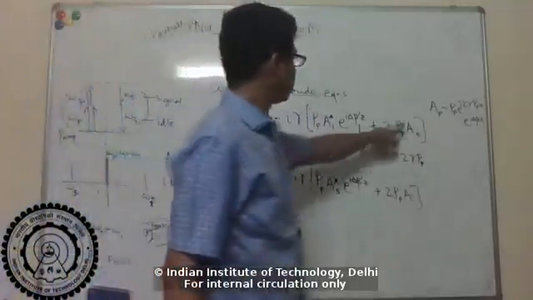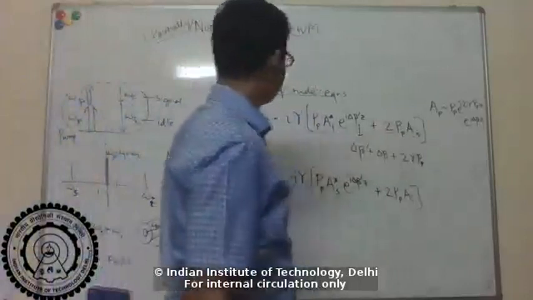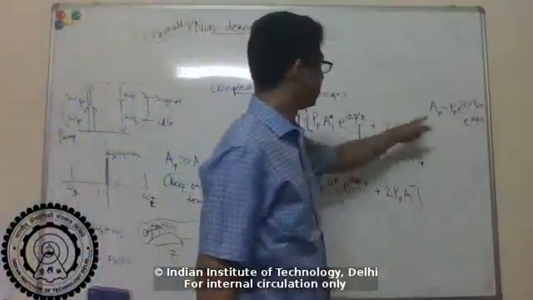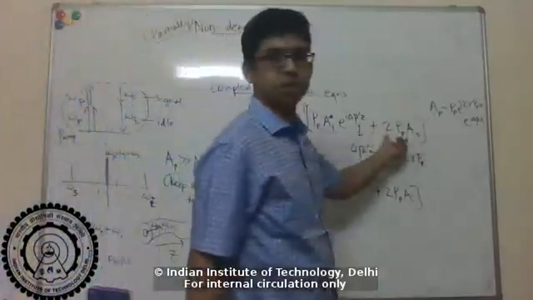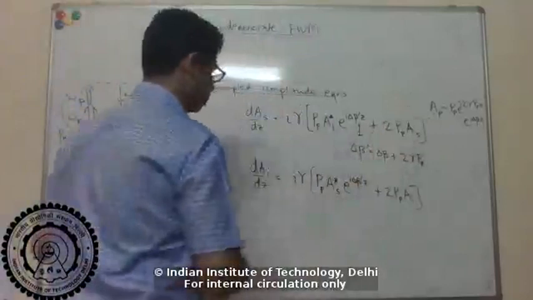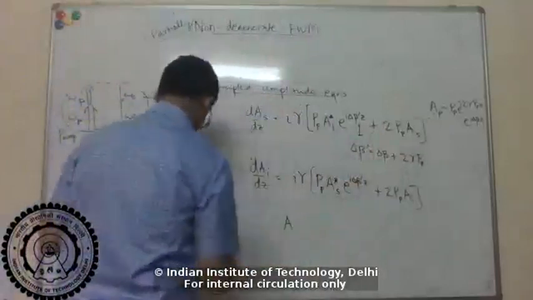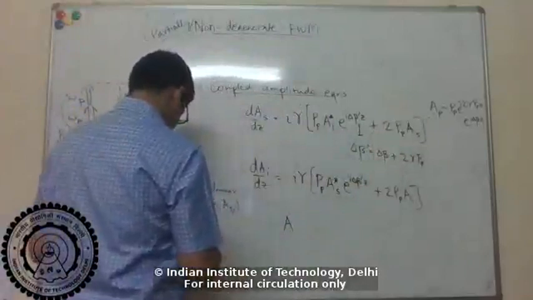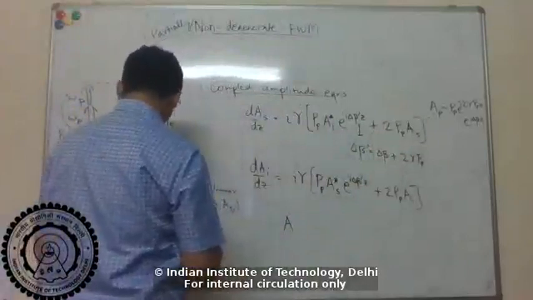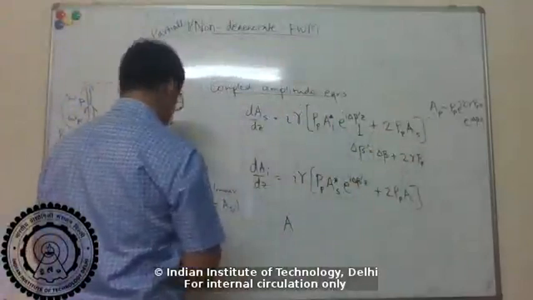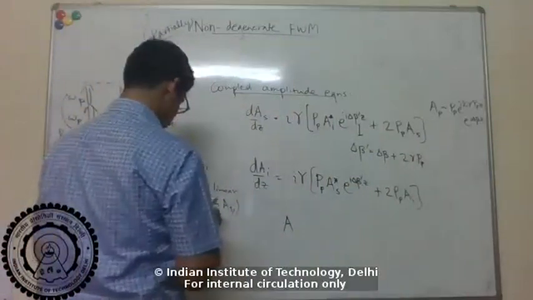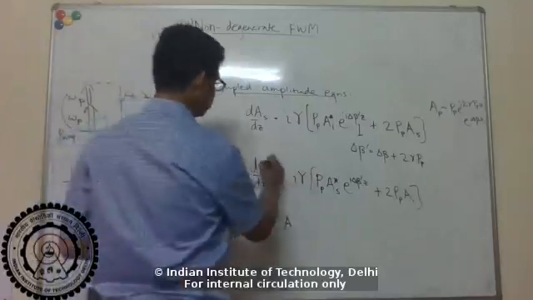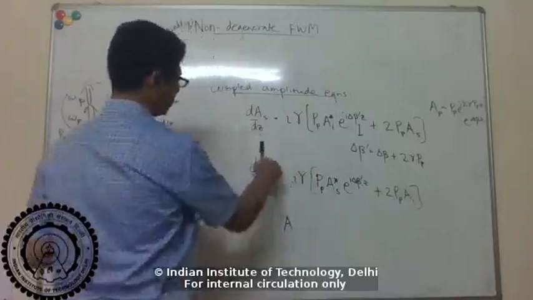So you can see that this is something times AS, which is coming in the derivative. So if I have e to the i times this factor, then when I take that derivative, that constant comes in front. So we again do the same change of variable. Maybe first we just write this equation in the conjugate.